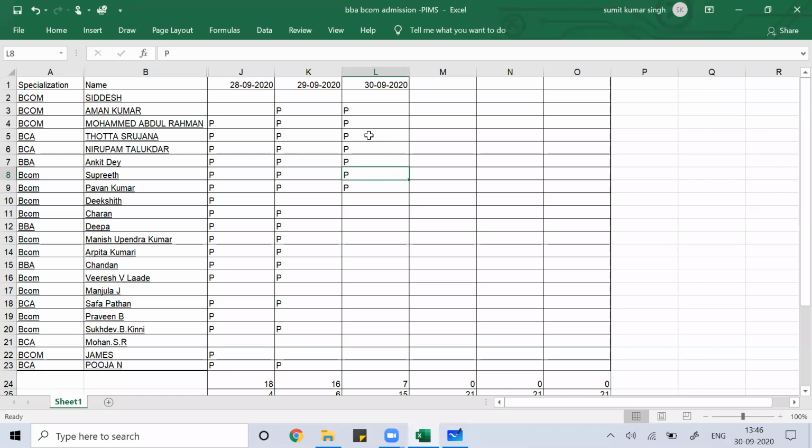Pawan is there. Dikshit is there. Charan is there.